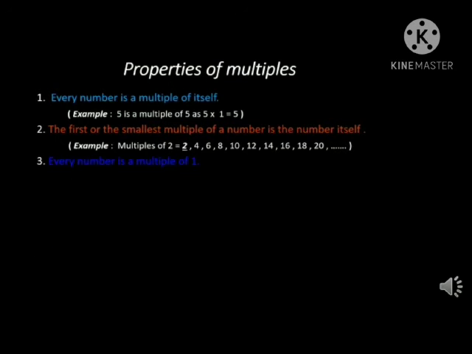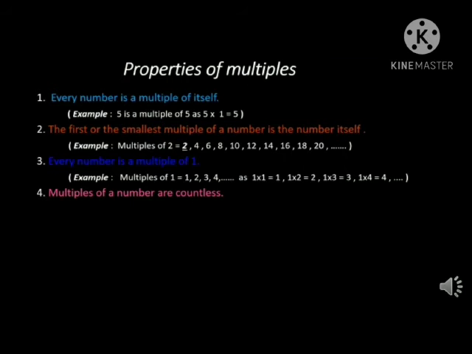Third property is every number is a multiple of 1. For example, multiples of 1 are 1, 2, 3, 4 and so on as 1 multiplied by 1 is equal to 1, 1 multiplied by 2 is equal to 2, 1 multiplied by 3 is equal to 3, 1 multiplied by 4 is equal to 4 and so on.